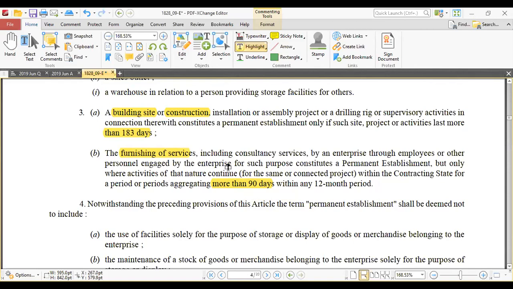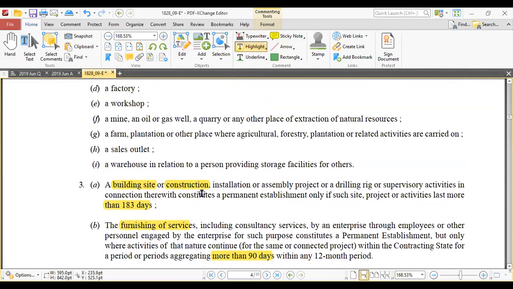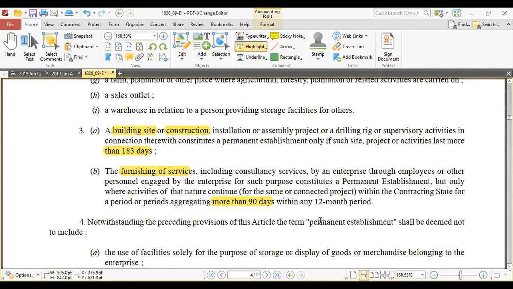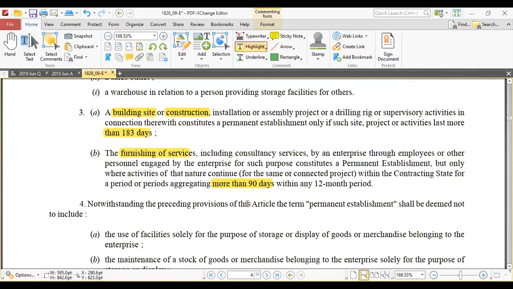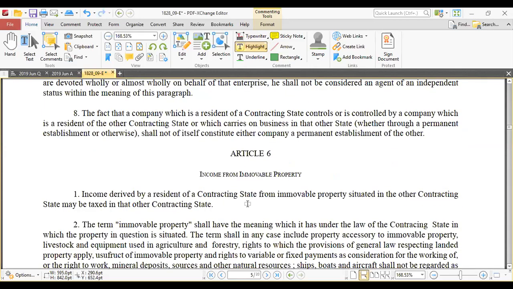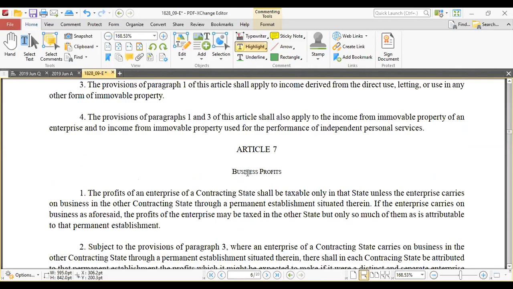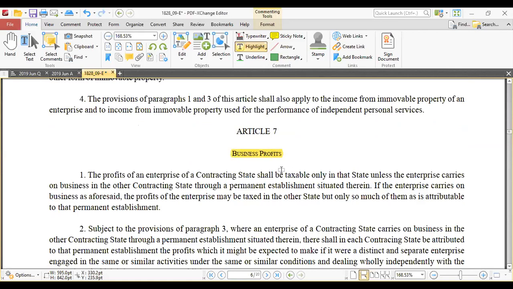Then you need to refer to each treaty one by one, how it goes. Here it is 90 days, but as we discussed in the table, the general concept is 180 days. It is the OECD model; these are the basic general terms we discuss. Then again, income, business profit, what we have discussed.